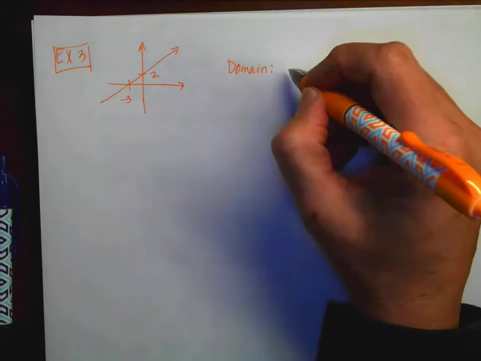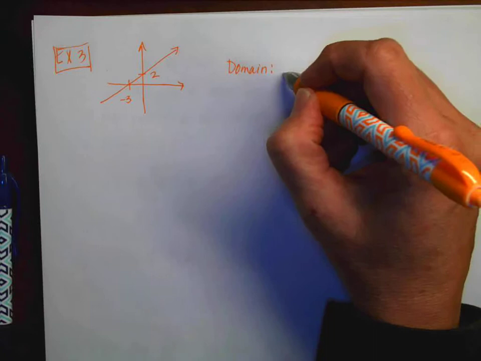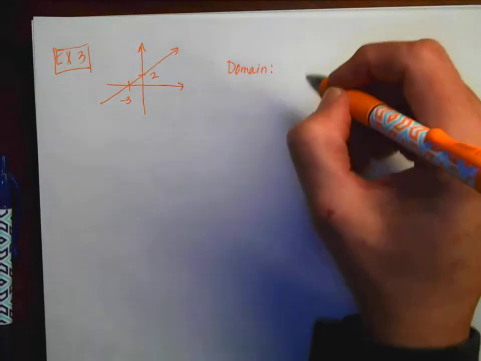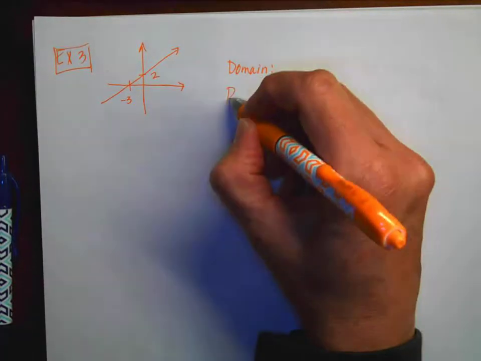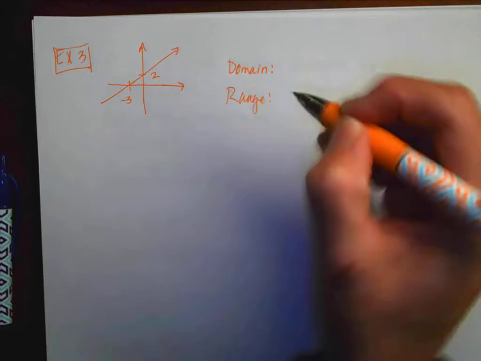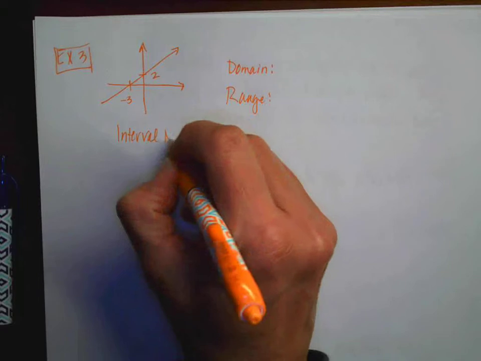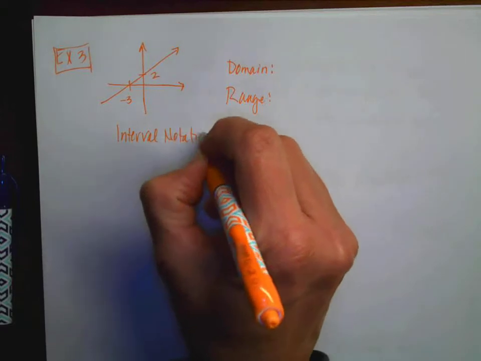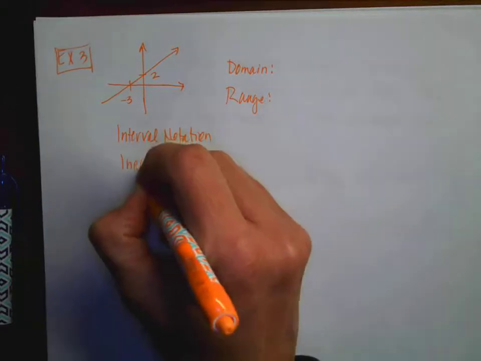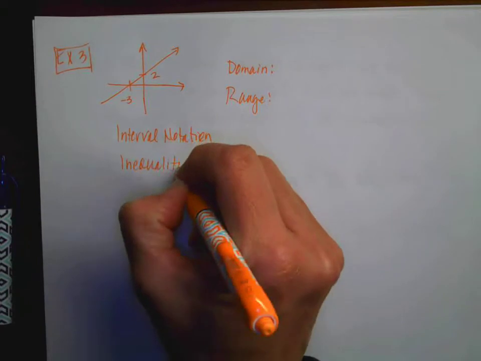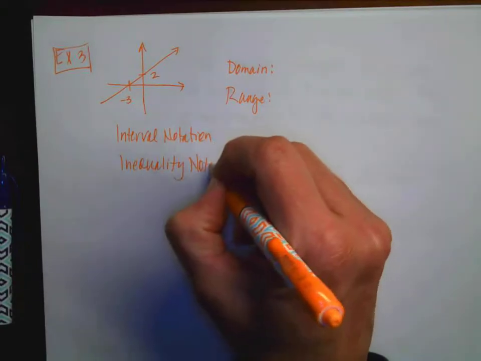So when we talk about domain and range, I can also talk about interval notation. Okay? So before we talk about our domain and range, we need to talk about interval notation, and then we need to talk about inequality notation, because these are the two types of notation.